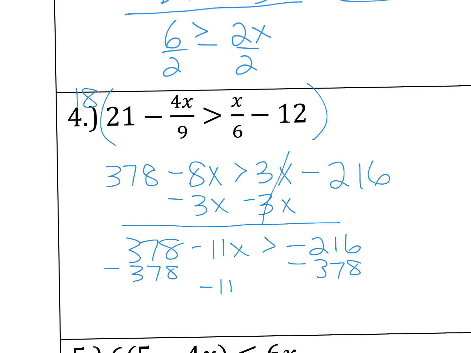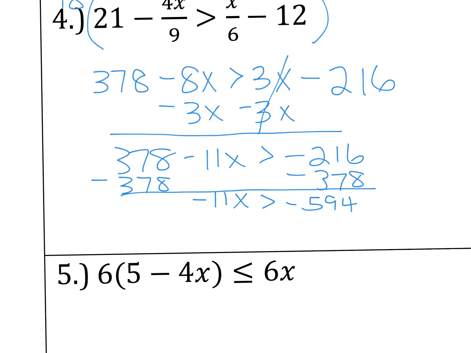So negative 11x is greater than negative 594. So now I'm dividing by a negative, so I have to flip my sign. Divide by negative 11, I get 54. So x is less than 54.